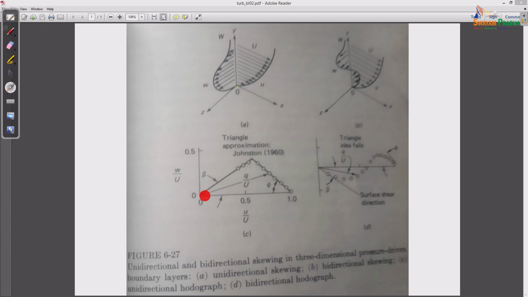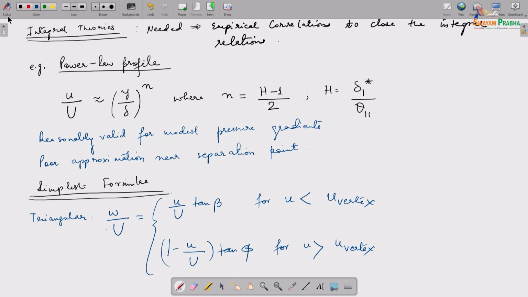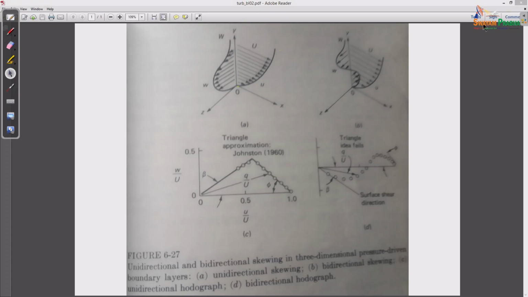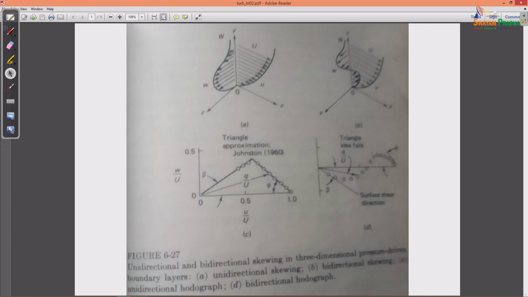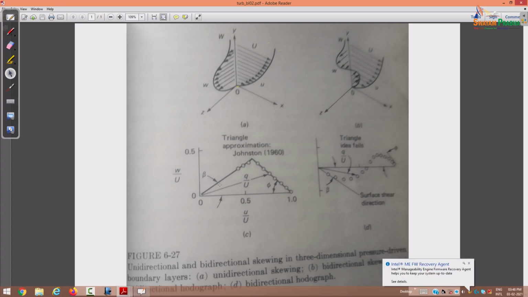So you have U by U tan beta for this. This angle is tan beta. You can think of it that this angle is beta, and this angle is phi.